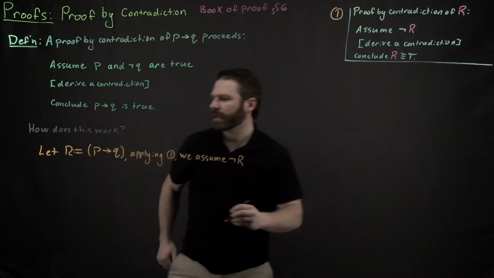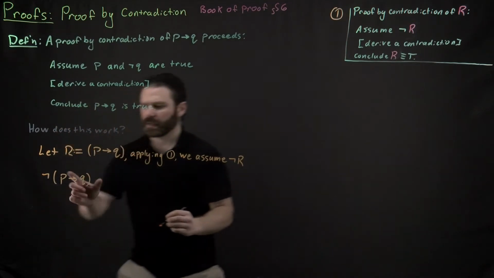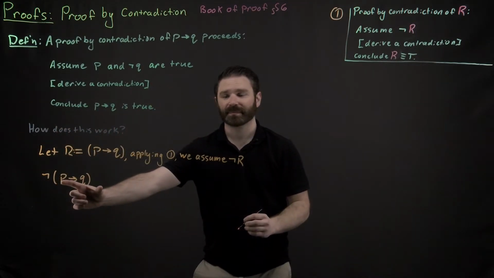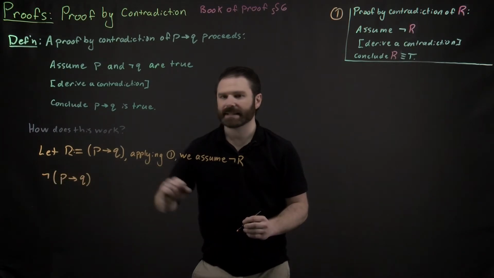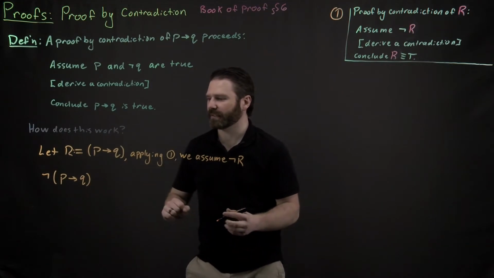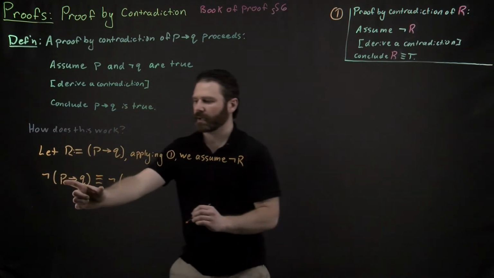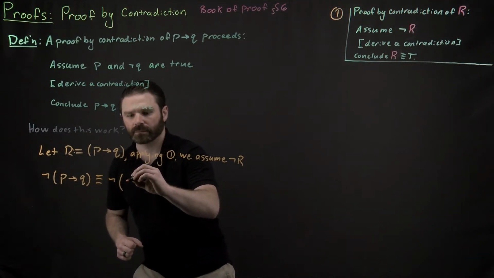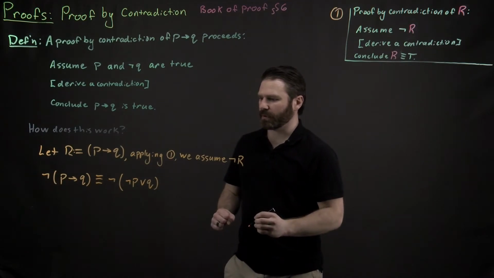Well, not R is the same thing as not this implication. And we already know how to negate this implication. We go back to our logical operators and the definition of this implication. This is logically equivalent to not (not P or Q).